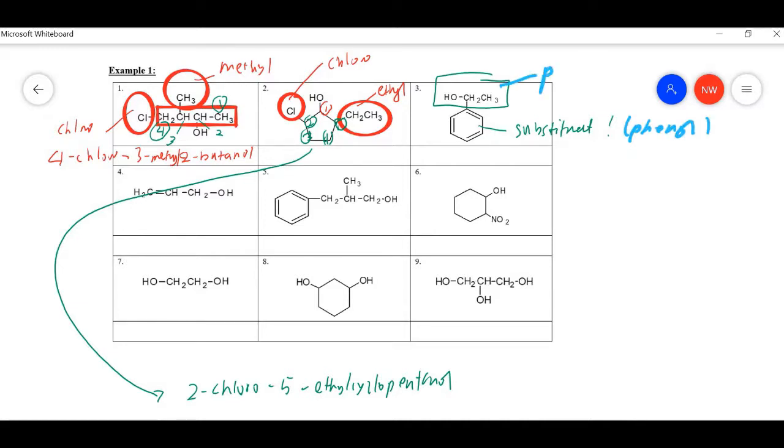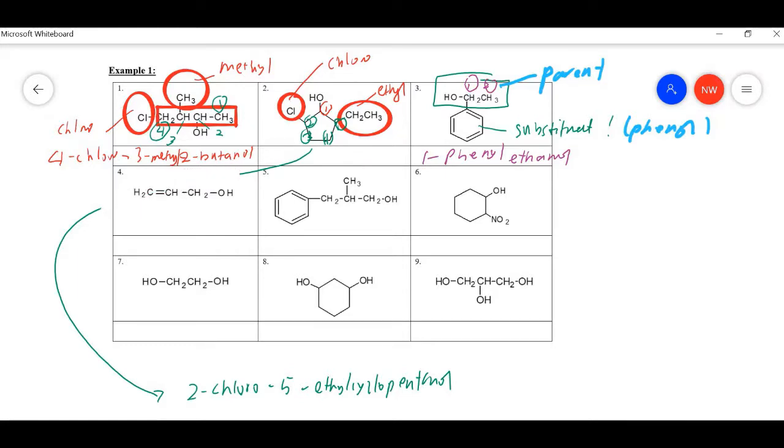Yang ini akan jadi parent, kita dah belajar masa chapter 4. Numbering start dari sini 1 2. Parentnya sekarang adalah ethanol. Benzene ring attach pada carbon yang pertama, jadi 1 fenil ethanol.